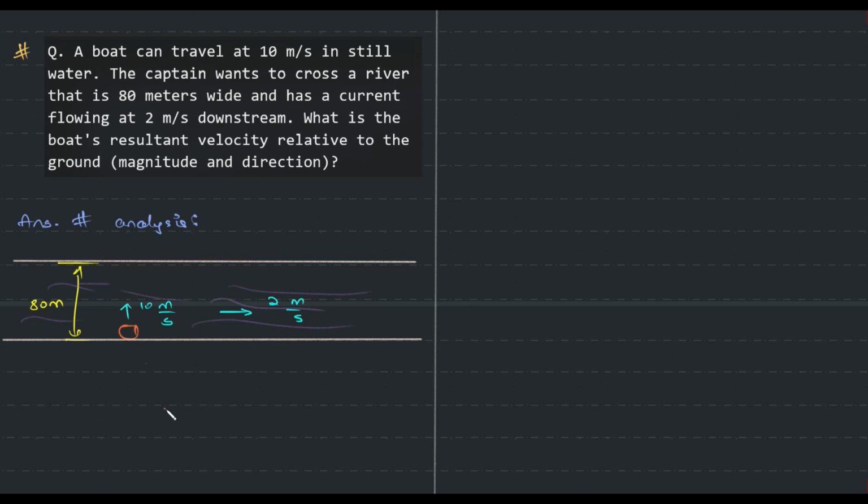So basically the boat is traveling, say in the y axis, with a speed of 10 meter per second. In the x axis, it is traveling at 2 meter per second. So your relative velocity of boat with respect to ground would be something like this.